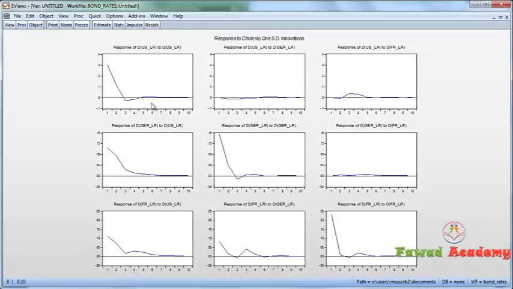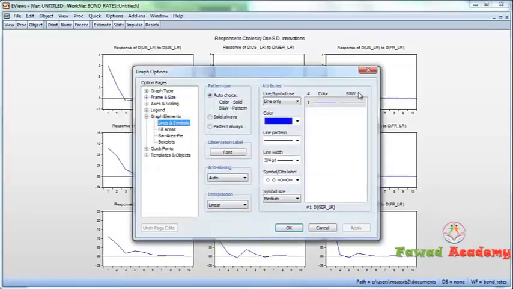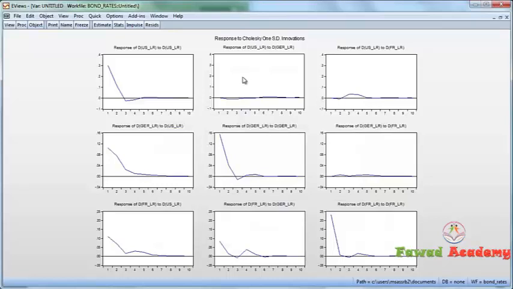So we ordered US, Germany, France. What that implied is that we ruled out that the change in the US rate would be contemporaneously affected by shocks to the German or the French rate, and therefore this graph and this graph we forced to start at 0.